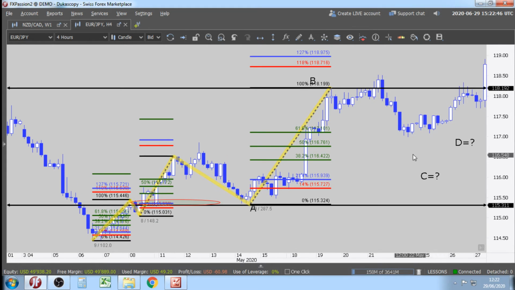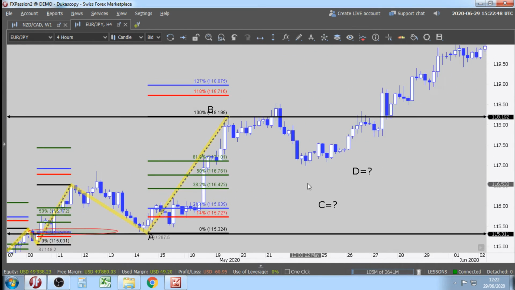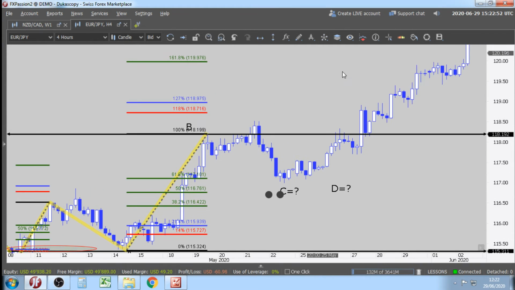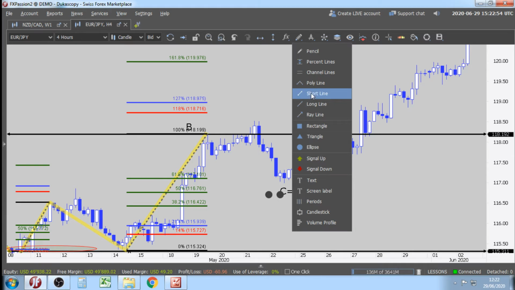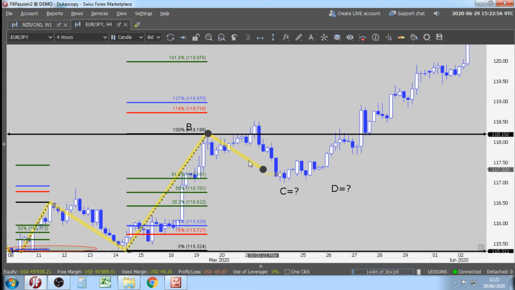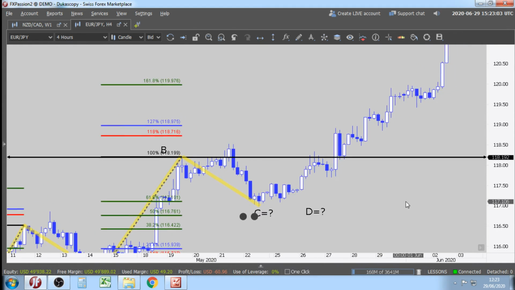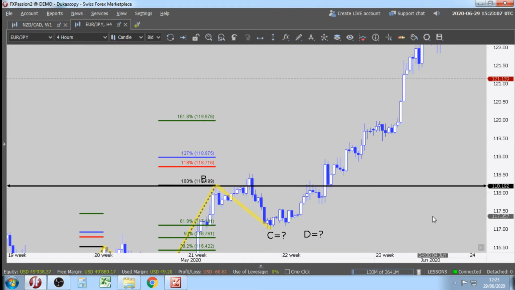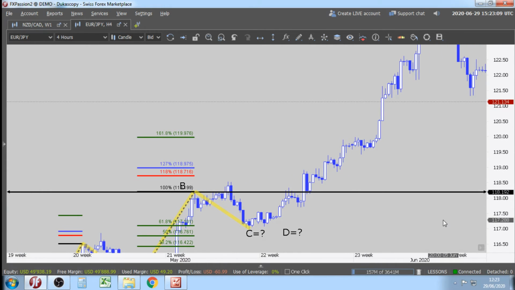So we have new A, B, and C is down here, right? A, B, what is the C? The C is the lowest point inside the boundary before the market hits the appropriate D extension, right? And let's see, where is the D?